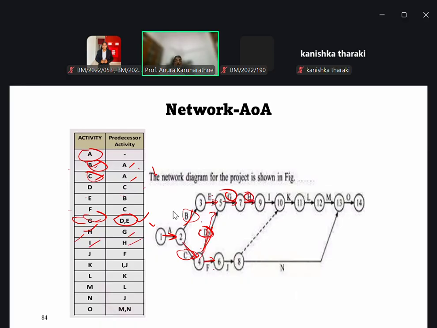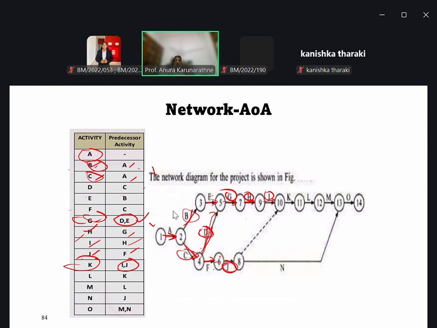I after completing H. Then J after completing F. After completing both I and J, we can go for K. I here, J here.